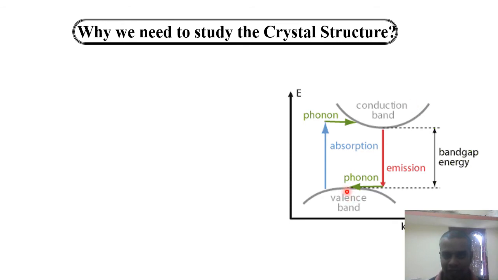The topmost energy of the valence band and the lowest energy of the conduction band are not exactly at the same k value, that means the same momentum value. It is just misaligned. That's why we call it an indirect band gap semiconductor. So this kind of material we are using as a detector.